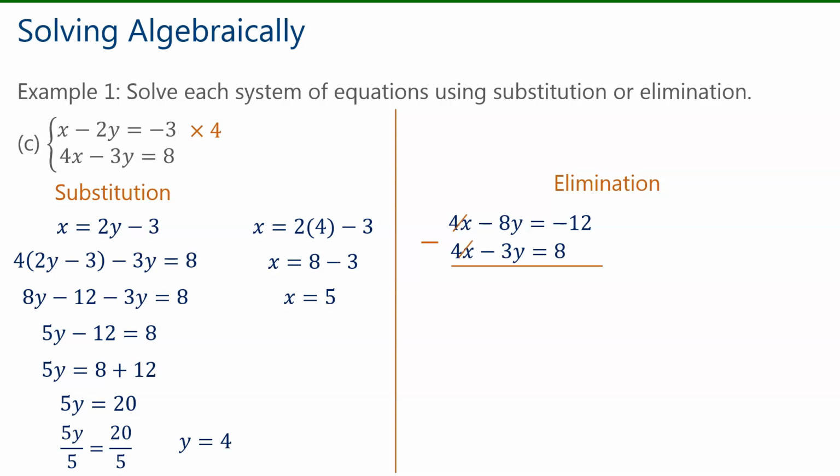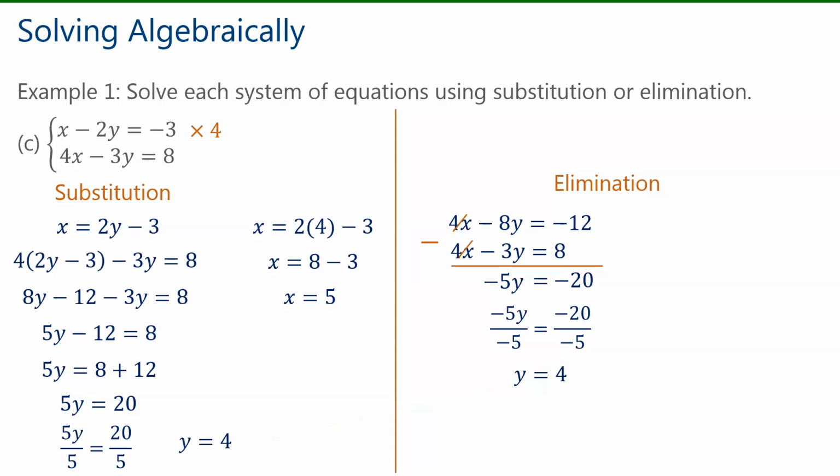So the x's cancel out, giving me negative 8y minus negative 3y, which is negative 5y. And then negative 12 minus 8 is negative 20. Now let's divide both sides by negative 5 to give us a y value of 4, which is the same value we got when we did substitution.